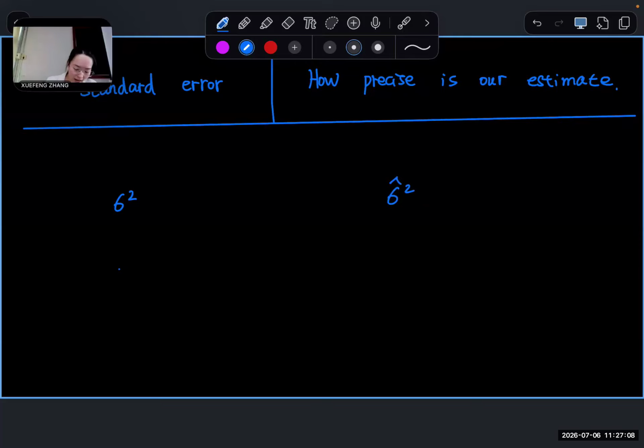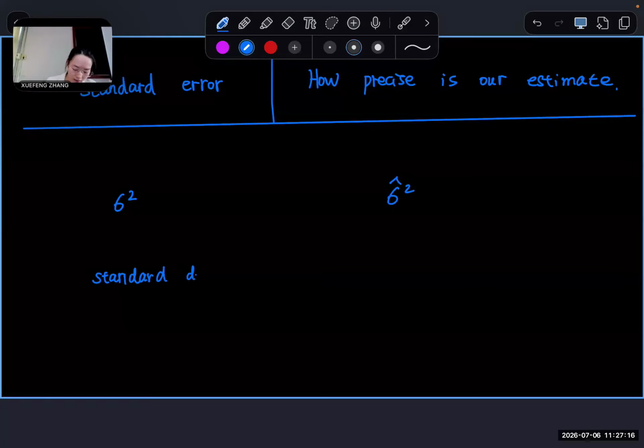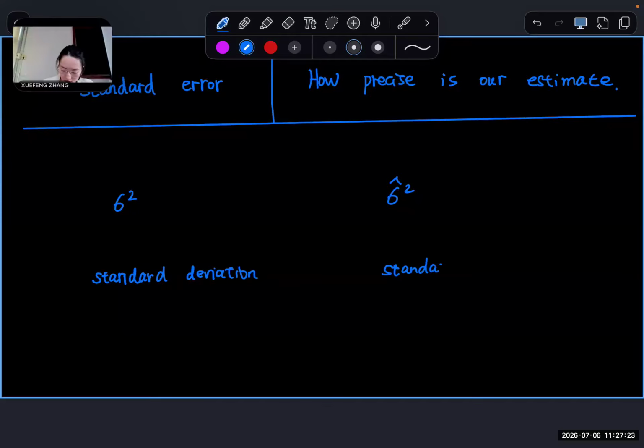And then we have a standard deviation, and then we have standard error. Let's say we use S to represent the standard deviation, and we use sigma to represent the standard error. What is the difference for those four?